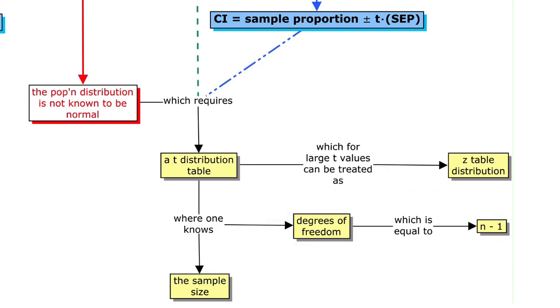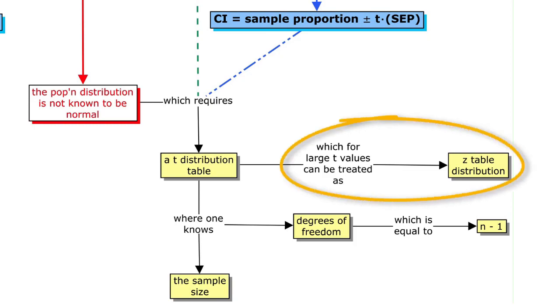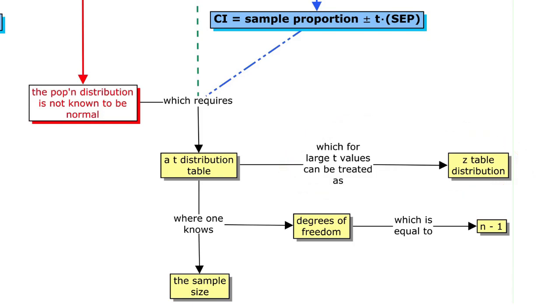The nice thing about this is if our value of t is particularly large, then we can turn to our z-table distribution. In other words, if we were to construct a 95% confidence interval and t is large enough, then we could choose a value of t equal to 1.96.